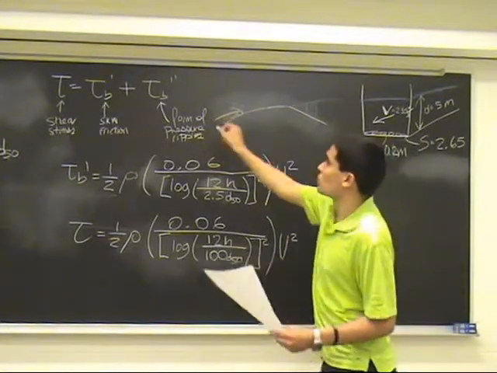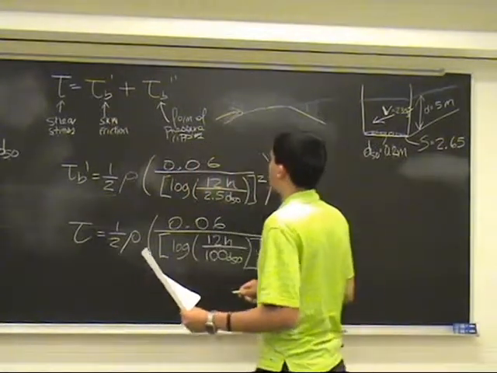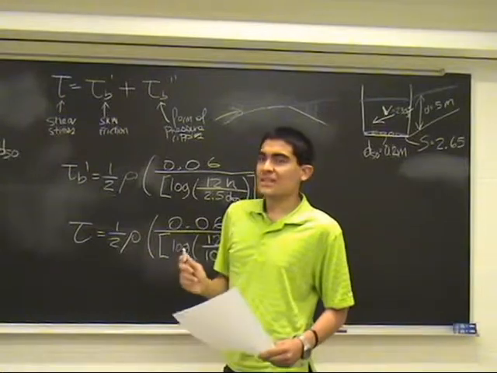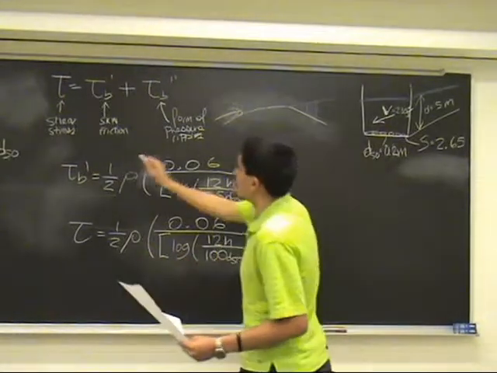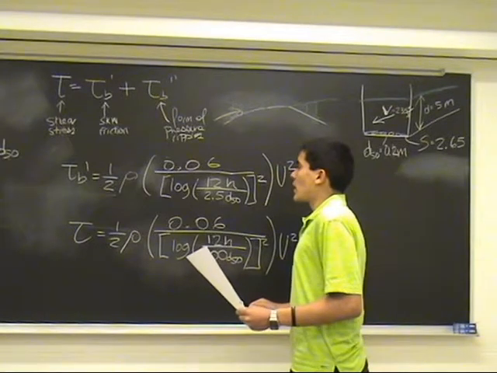So we have to consider both tau prime and tau double prime throughout our bed load equations and sediment equations. We're going to use this one a lot, which is the effective shear stress.